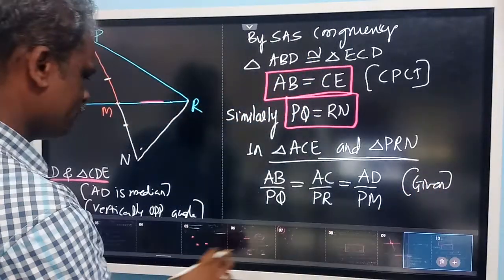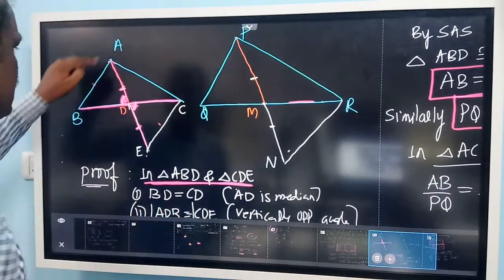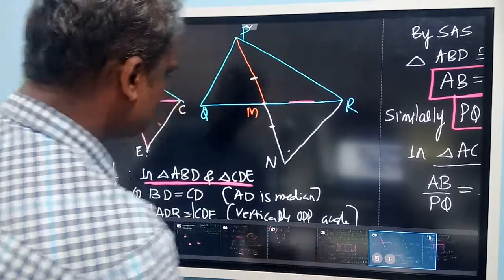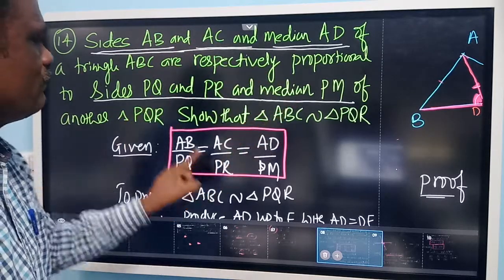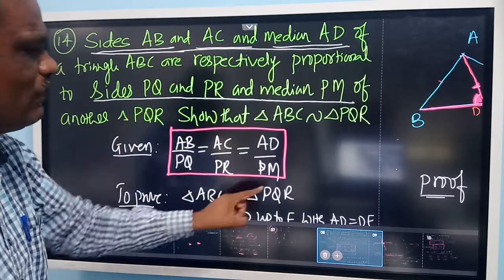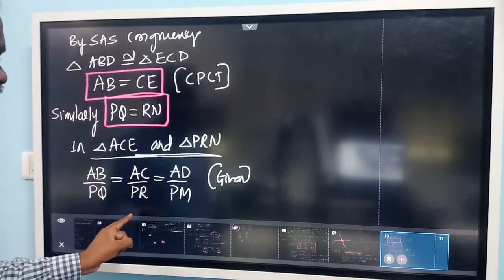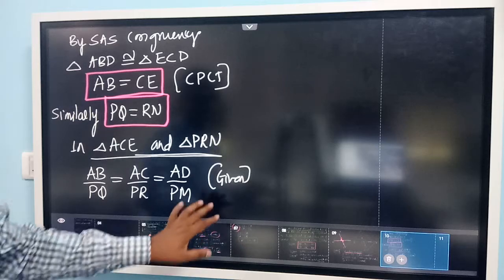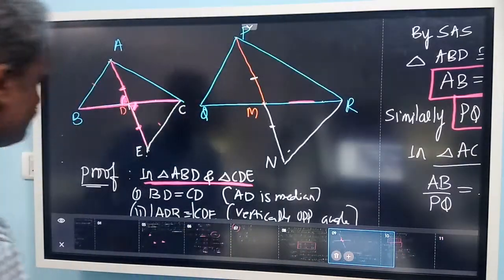Look at this diagram. AB by PQ are given, you can see this: AB, AC, AD, PQ, PR and PM. AB by PQ, AC by PR, AD by PM. So that is what I have written again here. Now, again I will write, look at the diagram.